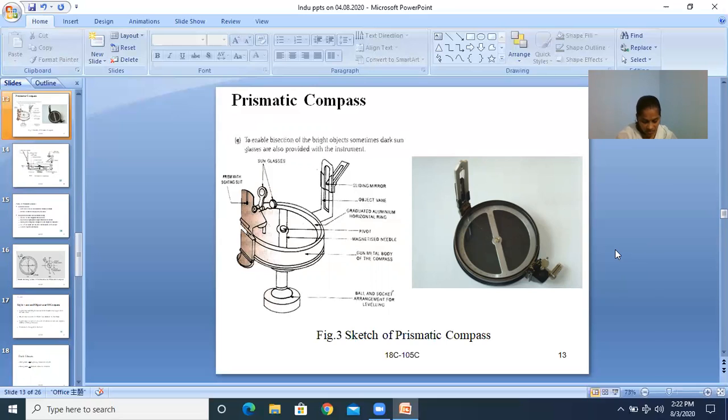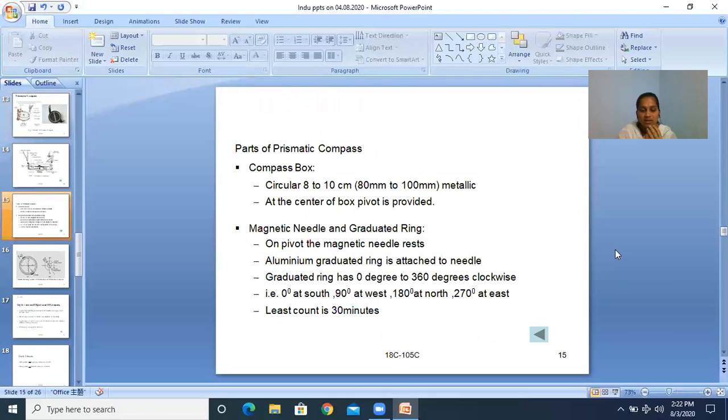The box is covered with plain glass at its top in order to protect the circular box from weathering agencies. So that is the compass box.